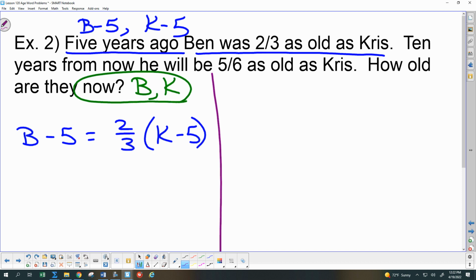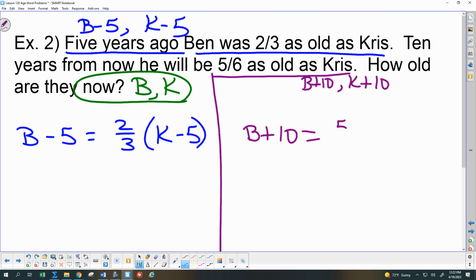So 10 years from now, I need to use the B plus 10 and the K plus 10, and I need to write down this information. Off in the future, Ben, so future Ben is B plus 10, will be 5/6 times future Chris, so K plus 10.